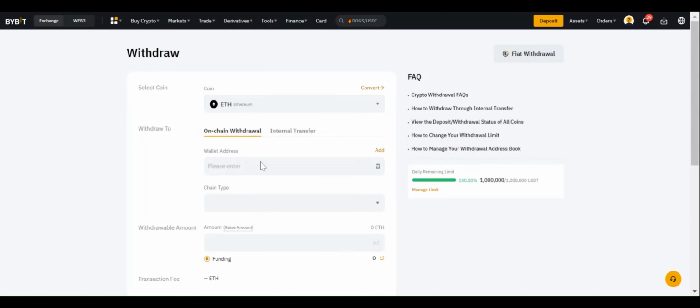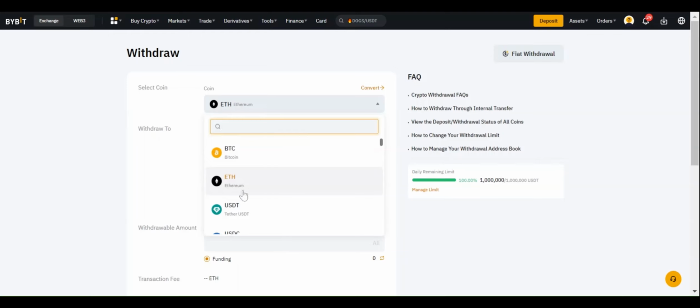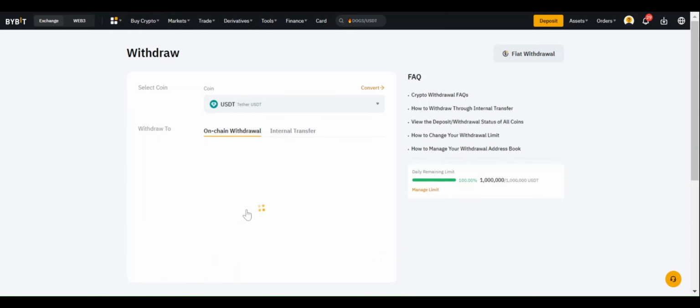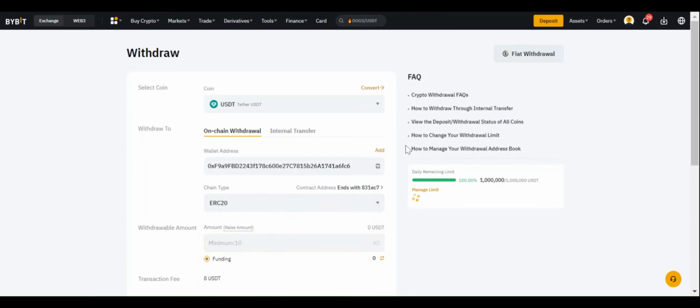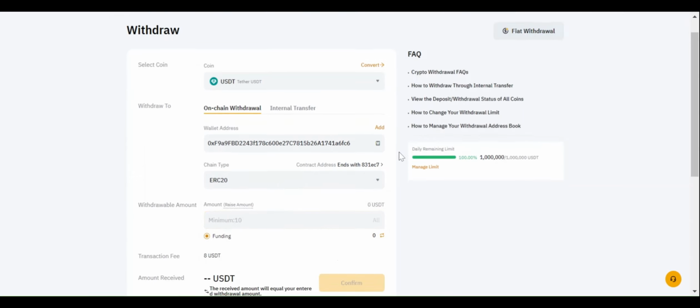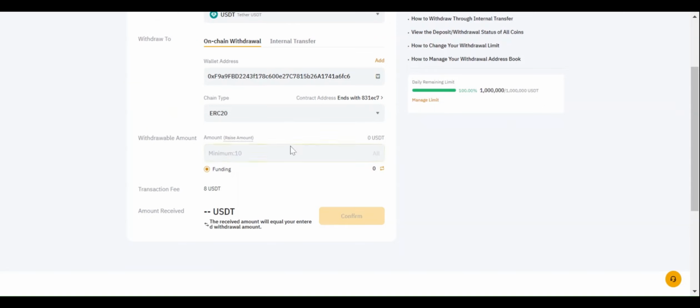Okay, so let's say I wanted to send USDT on the Ethereum network. So USDT, they're asking for the wallet address, so I will just paste that and then select chain ERC20.